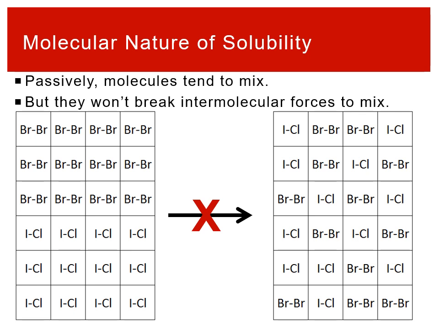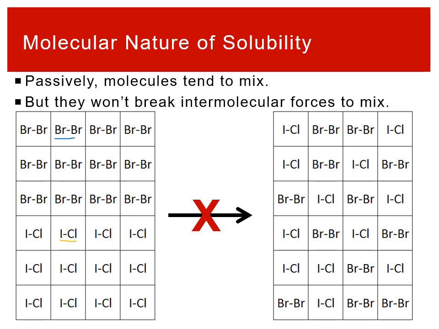And so if we want to think about what happens if we try to make a solution from things that have different polarities, say we have bromine, which we've seen is a nonpolar molecule because it's two bromine atoms, and iodine chloride, which is polar because it's two different types of atoms.